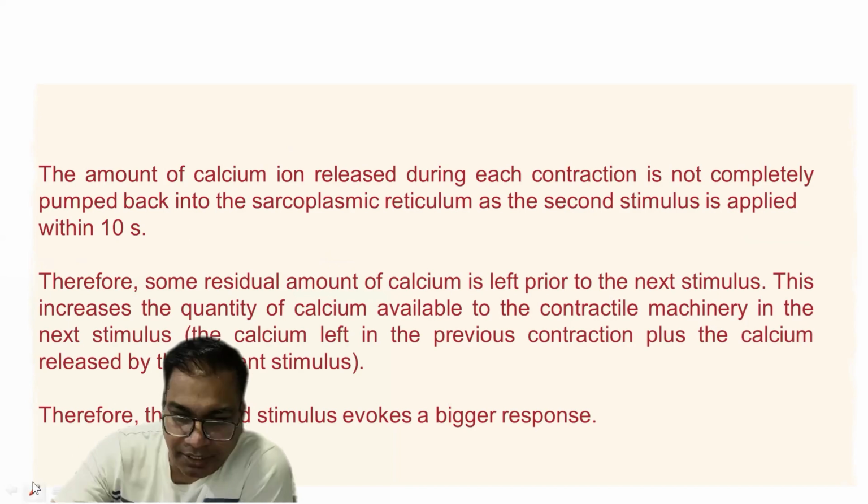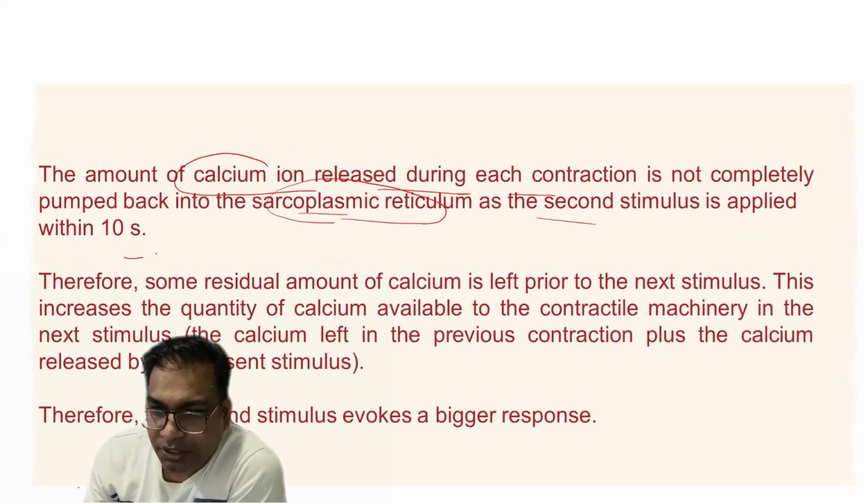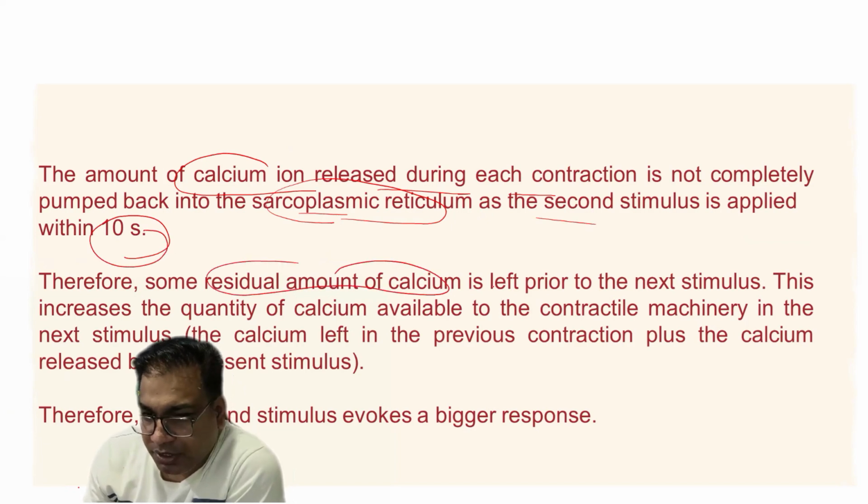The reason behind this trapeze phenomena or Bowditch effect is the amount of calcium which is released during the first contraction but not pumped back into the sarcoplasmic reticulum, as the second stimulus is applied within 10 seconds. So some residual amount of calcium is left, which is used in case of the second stimulus.